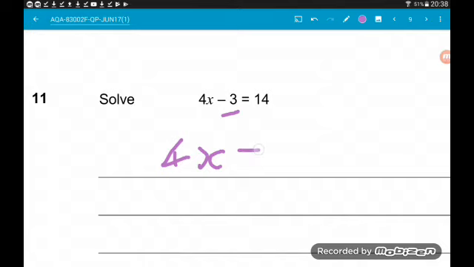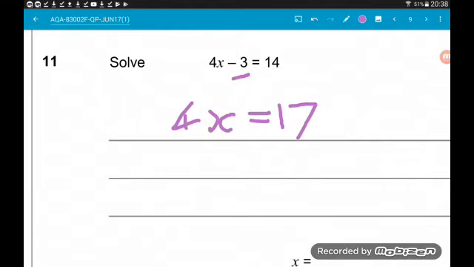So we get 4x equals 17, and then we need to get rid of that 4. It's multiplying the x, so to cancel it out, we divide both sides by 4, and we get x is 17 over 4. They haven't asked for any specific form of answer, so that's absolutely fine.